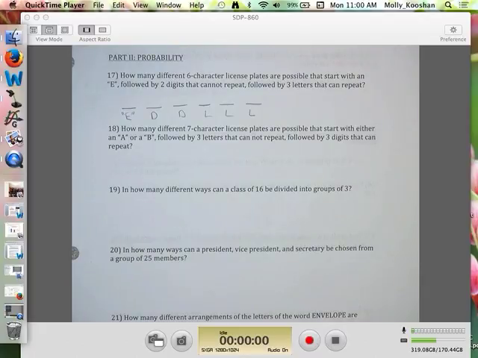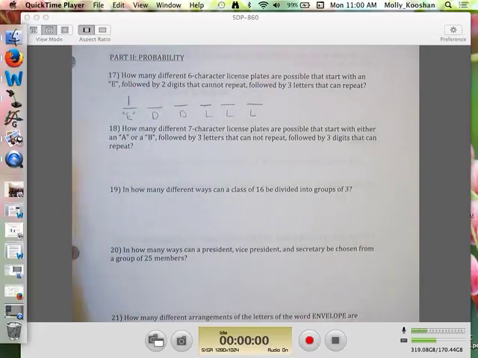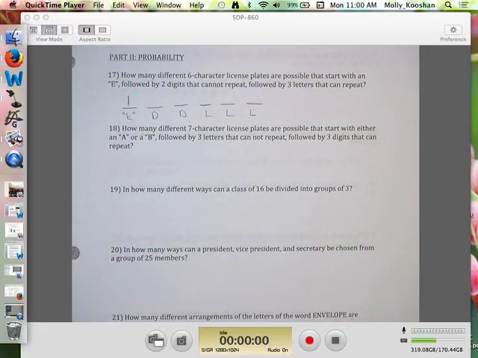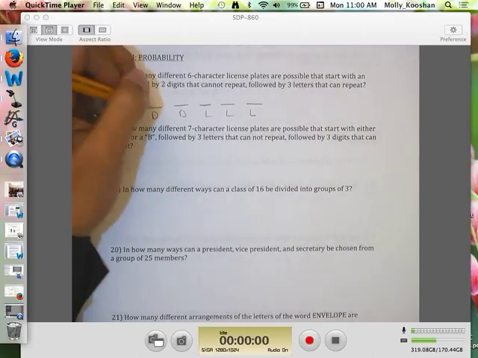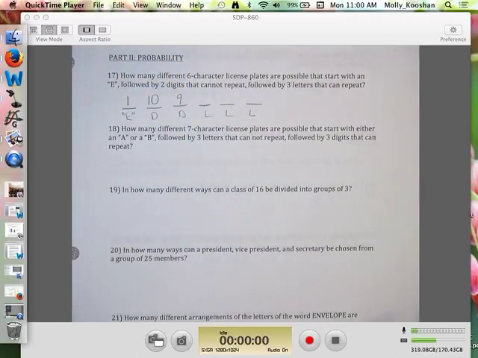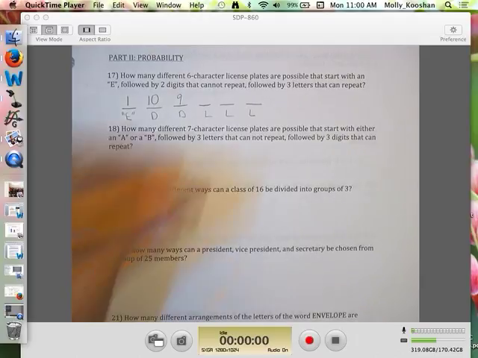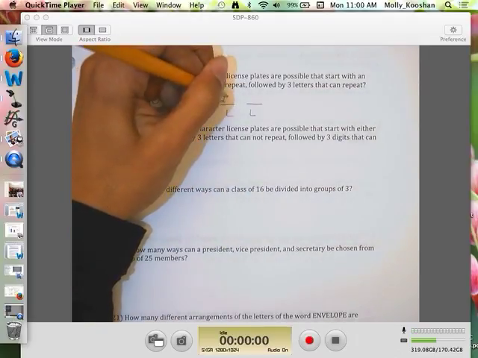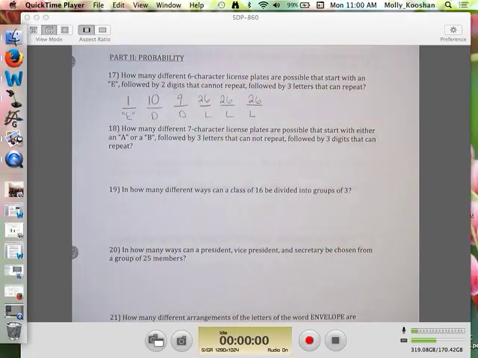So there's only one option for the first slot, followed by 2 digits that can't repeat. So there's 10 options for the first digit, and then 9 for the second, since we can't repeat, followed by 3 letters that can repeat.